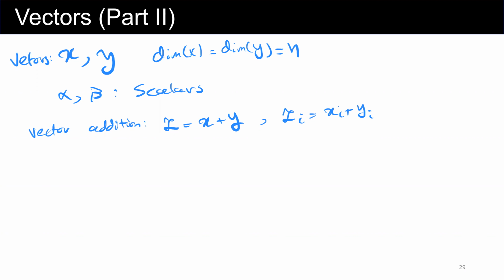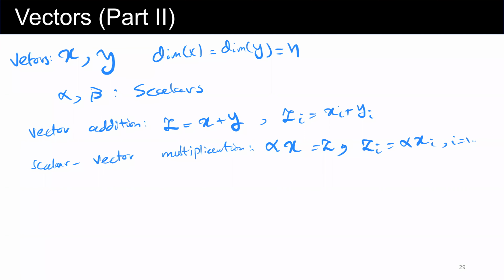Also, we talked about scalar vector multiplication, which is alpha multiplied by x. Let's call this z. Then z sub i is equal to alpha x sub i for i from 1 to n. We also talked about the properties of vector addition and scalar vector multiplication, as well as their geometric representation.